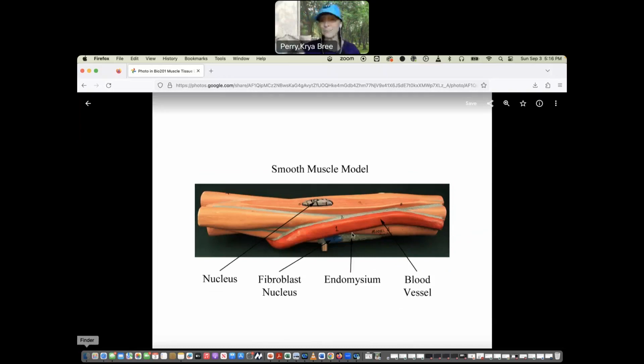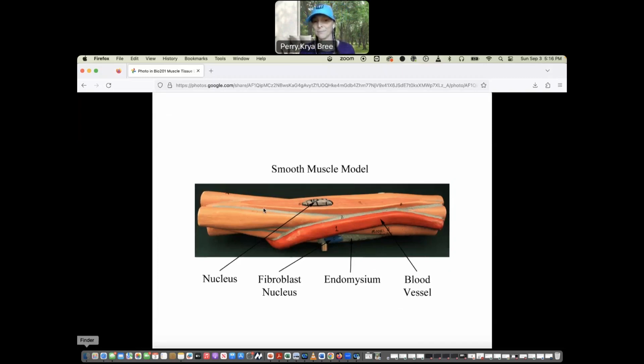Now, this model is smooth muscle. Easy peasy, right? Because look, spindle shaped right here, really large central nuclei, no striations, boom, smooth muscle, okay? And then you can see in between, surrounding each of those individual smooth muscle cells, is the endomysium, okay?